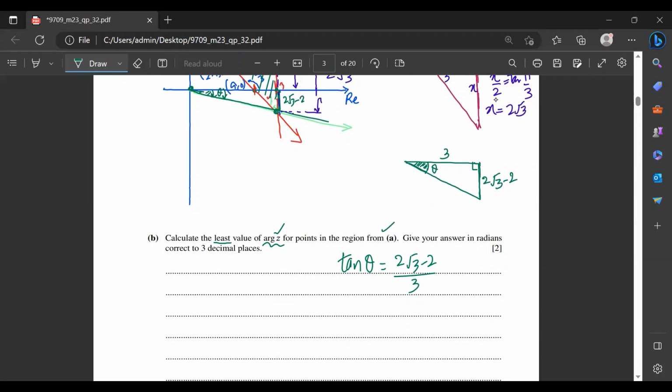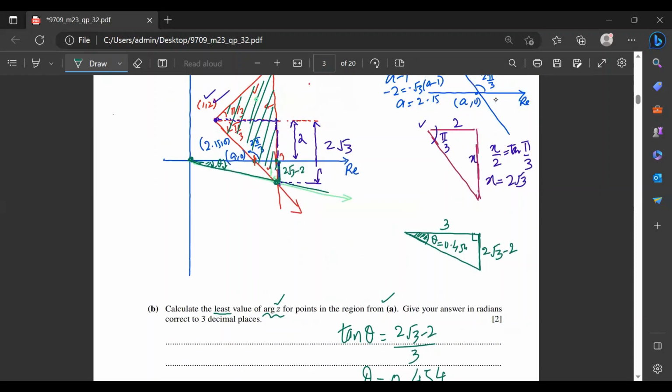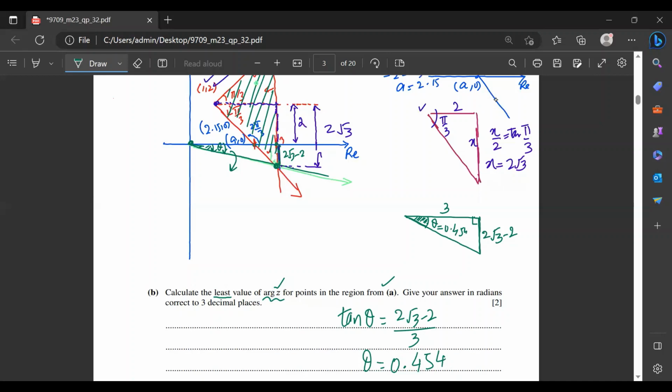Let us use the calculator for this. 2 root 3 minus 2 divided by 3, and inverse tan. Theta is 0.454, as the answer is required to 3 decimal places. But when we talk about the argument, this is clockwise. So z is basically this point, and the origin is here.